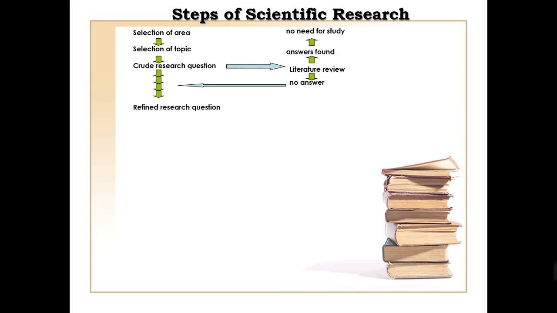That means whether you are going to do antimicrobial activity or antibacterial activity. If antimicrobial activity is a topic, that is a crude research question. And if some of the articles are there for antifungal activity, you can choose antibacterial activity. If there is no answer for that, you can choose that one as your refined research question.